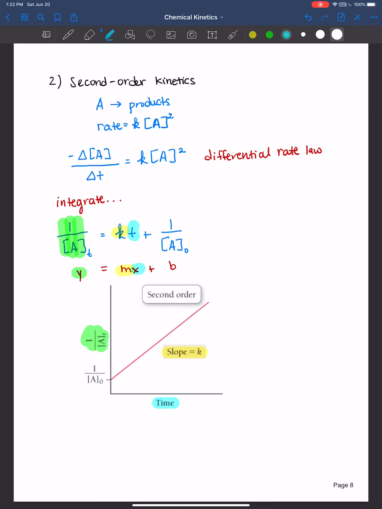So if you have second order kinetics, you're always going to want to plot 1 over the concentration of A at time t versus time. And if you get a line with a positive slope, then you know you have second order kinetics. If you get a curvy line, it doesn't fit the linear regression analysis, then second order kinetics is not taking place.